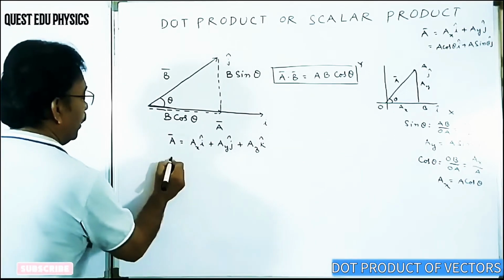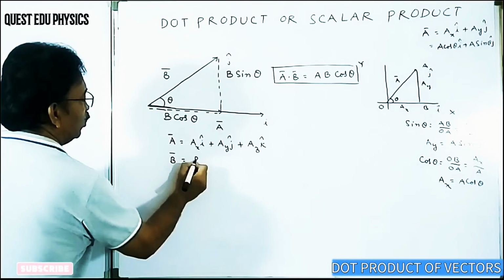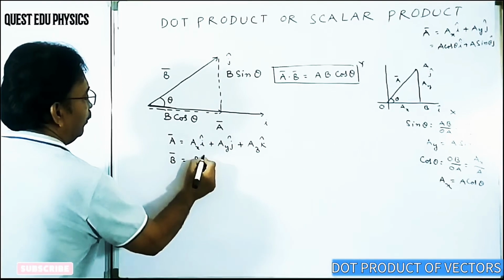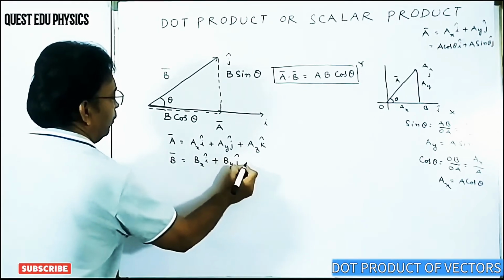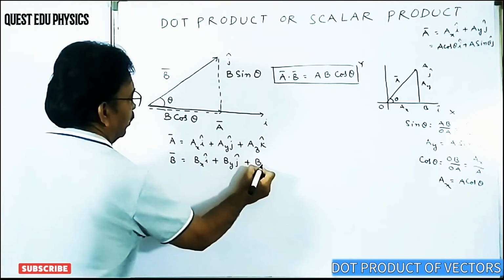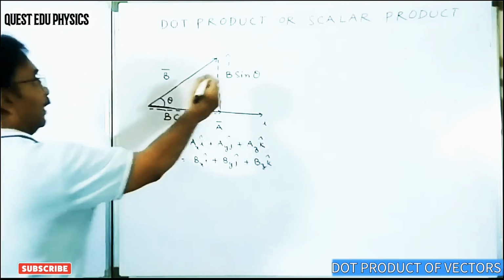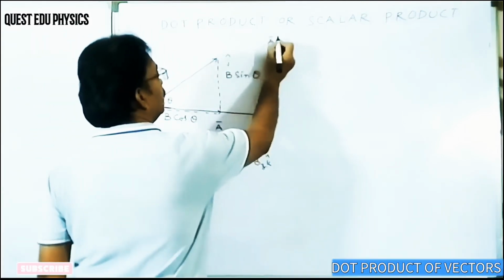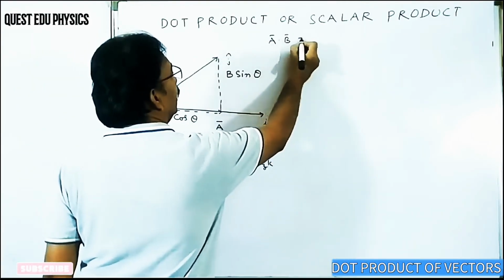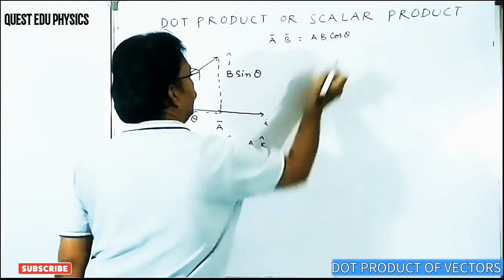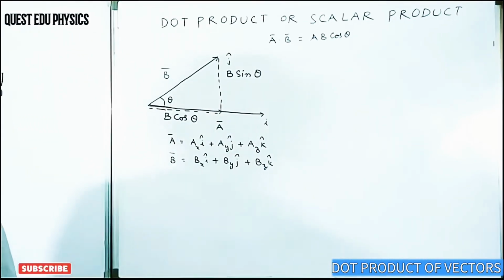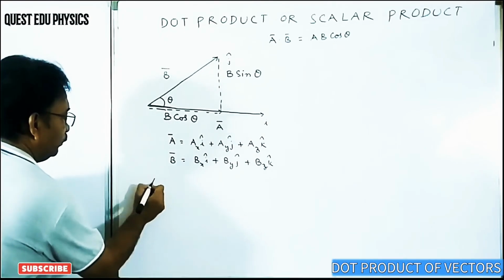Similarly, B bar is equal to Bx i cap plus By j cap plus Bz k cap. We already learned that the dot product of the two vectors, A bar dot B bar, is equal to AB cos theta, and we are multiplying it.